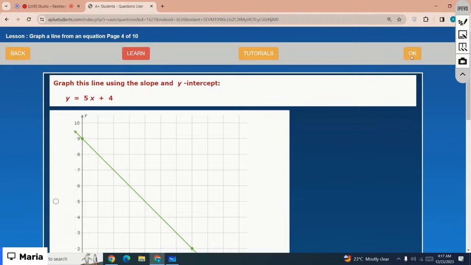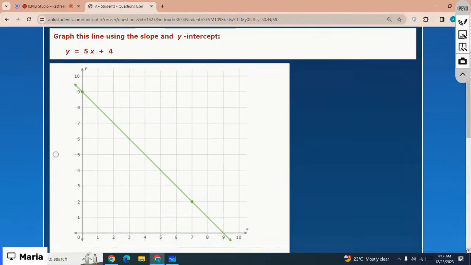Graph the line using the slope and y-intercept. So which is the correct option? 5x plus 4, right?